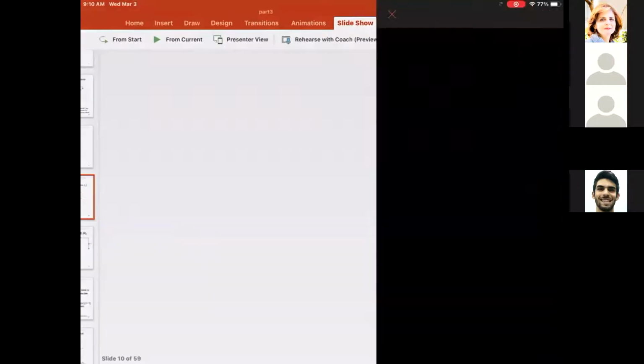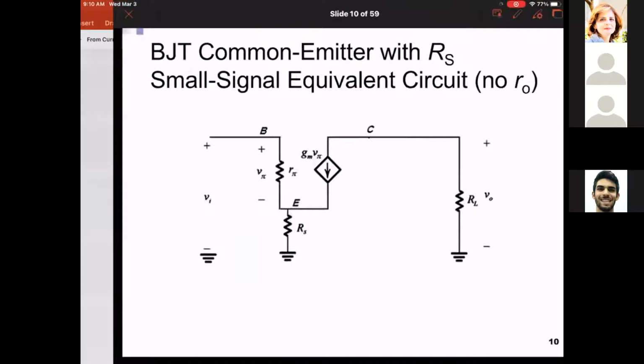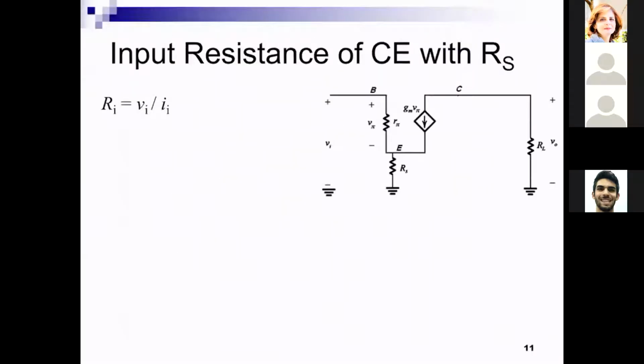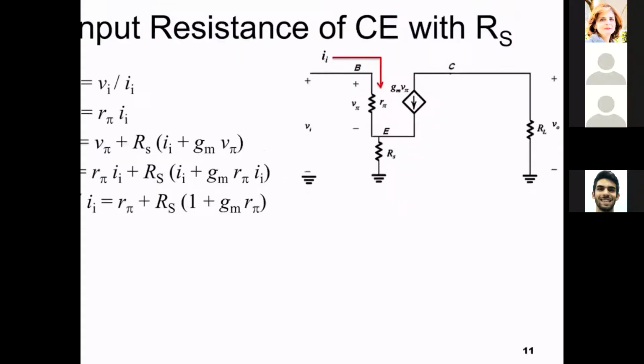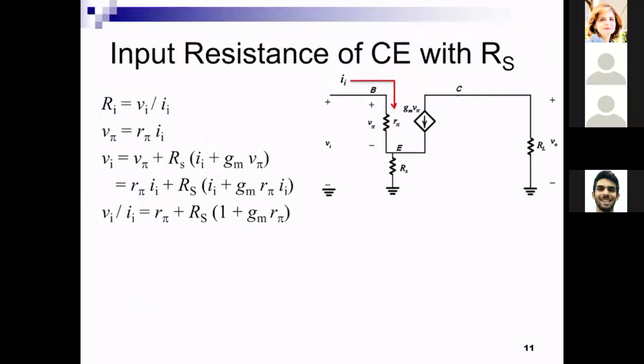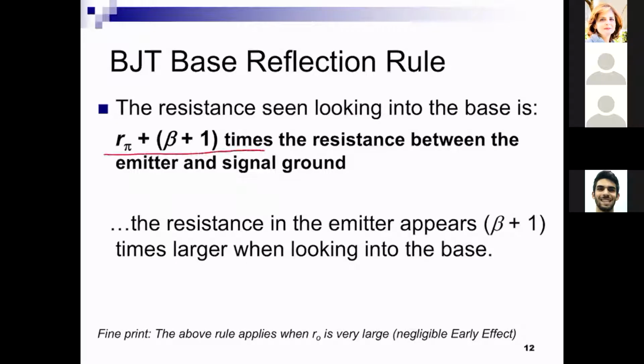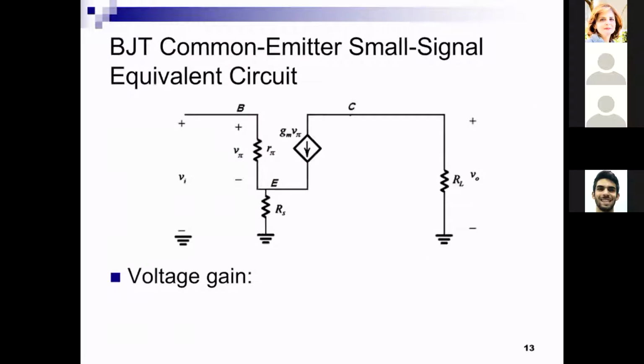In the BJT circuit, we derived the gain and the input resistance by setting what Vn is last time, as a function of In, and we said that Vn is R pi In, and we found a relation for this resistor value. So we got a rule that we can use from now on, which is R pi into beta plus 1 times Rs. Okay, so then we said, well, let me find the gain.